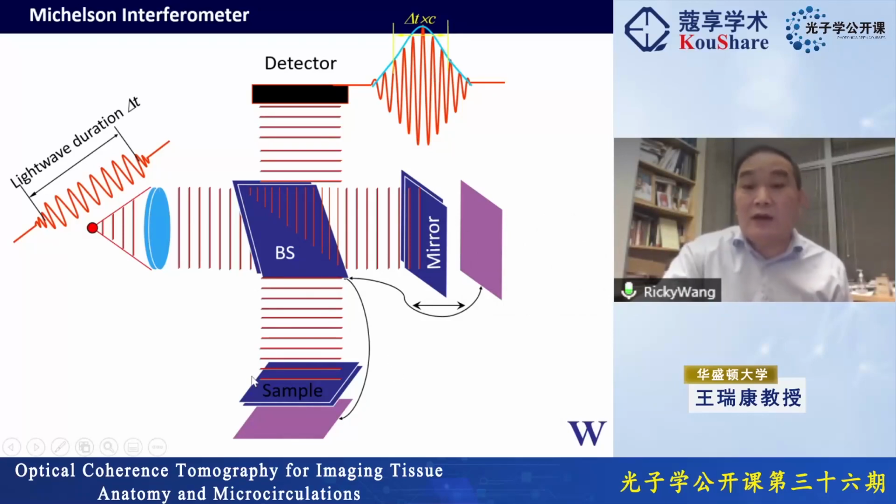And because we have a lot of echoes from the sample, as you sweep your reference mirror, you will constantly see this efficient mixing at your detector. And in this case, different time points in your detector will correspond one-to-one to different depths in the sample, right?